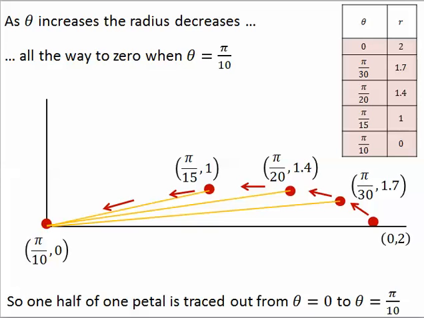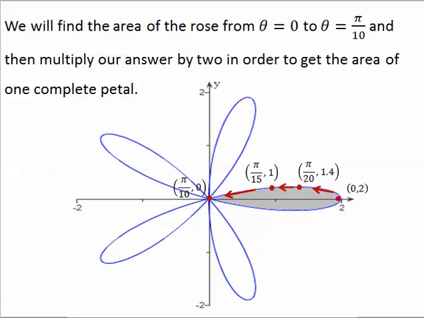So 1/2 of one petal is traced out from theta equals 0 to theta equals pi over 10. What we're going to do is find the area of the rose from theta equals 0 to theta equals pi over 10, and then multiply our answer by 2, and that will give us the area of one complete petal.